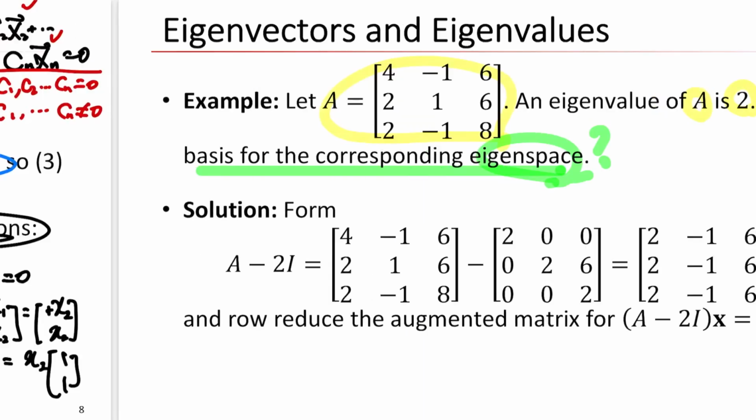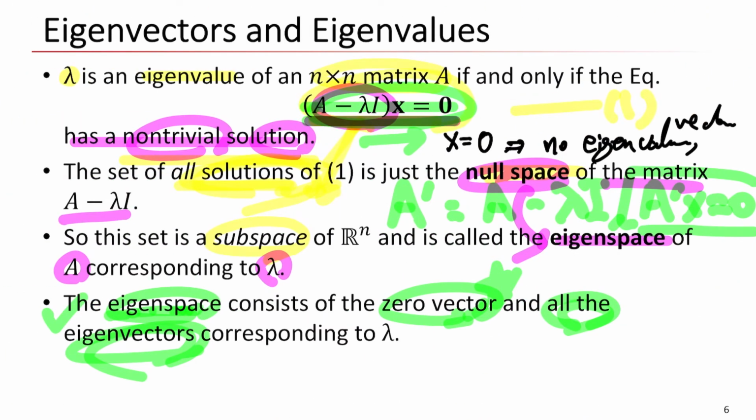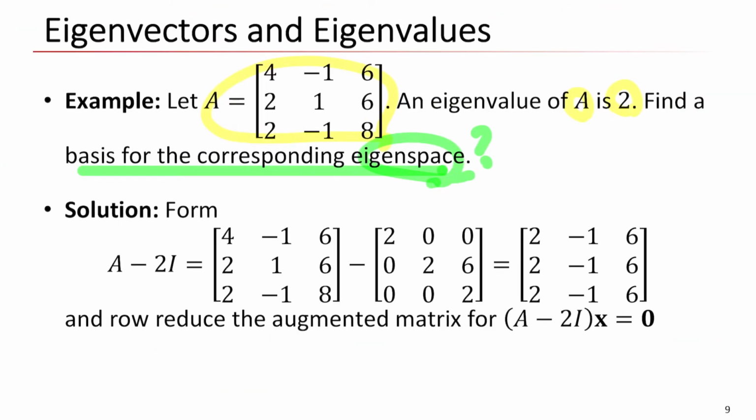So first of all, to find the eigenvectors, we can use this formulation, right? Then, okay, here is the matrix A. Then here is 2 times the identity, right? So yeah, it was the 0, right?